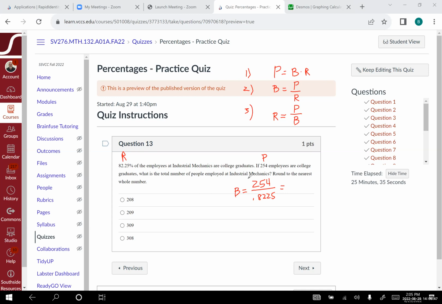And then we'll round it to a whole number. $309. All right. Very good. There we go.